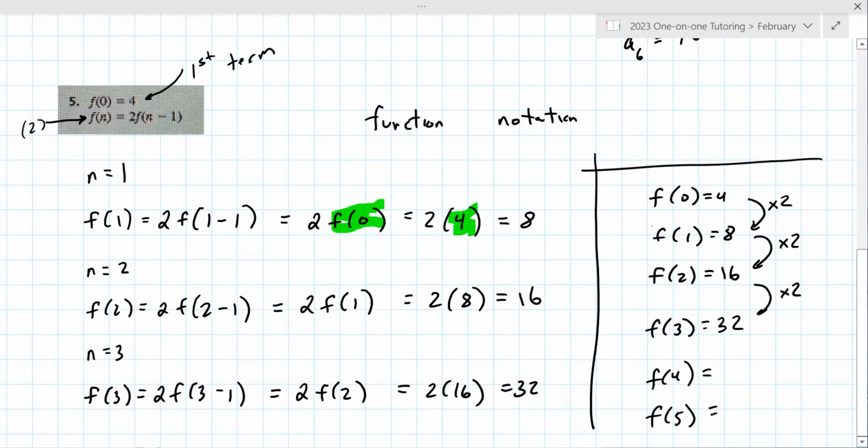All right. So I feel pretty confident at this point saying we can just double the previous number each time. And write out the answer.